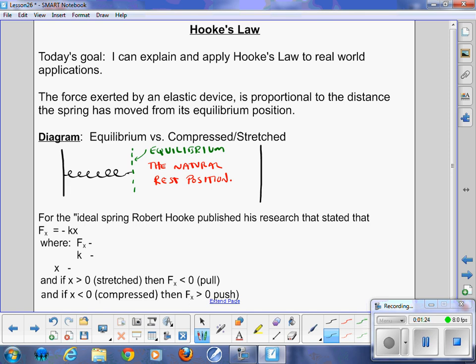Whereas if we stretch or compress, so I'll do double diagram here. So this is a spring that someone is pulling on, and then we have someone pushing on it. So here we have what we call the stretch. So it's being extended out as far as it can, whereas this is what we would call a compression.